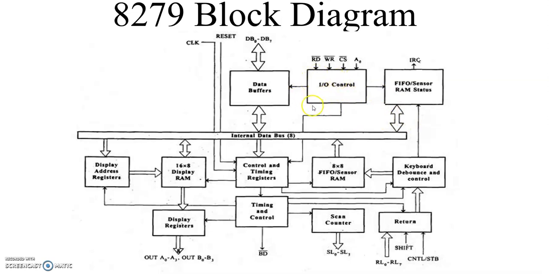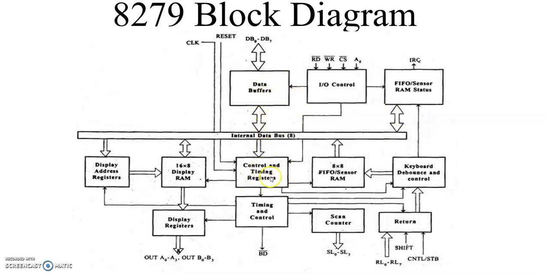The I/O section is enabled if CS is low. The pin A0 and RD/WR select the command, status or data read-write operations carried out by the CPU with the 8279. The data buffers interface the external bus of the system with the internal bus of the 8279.